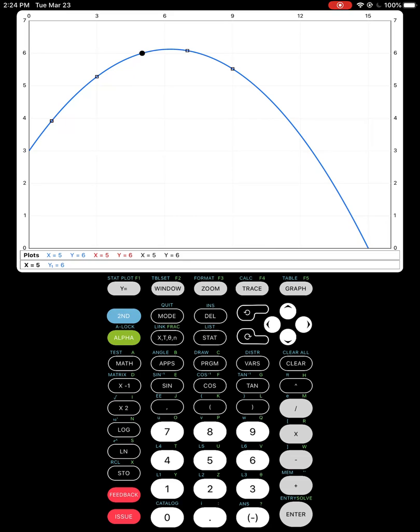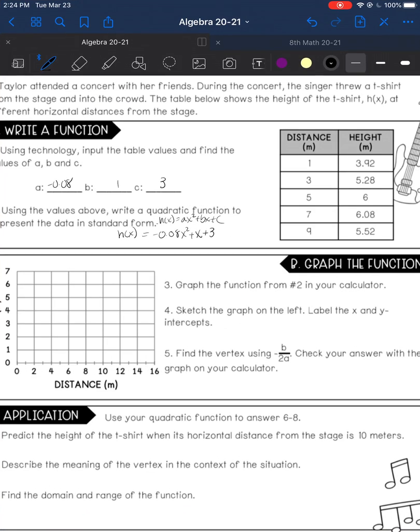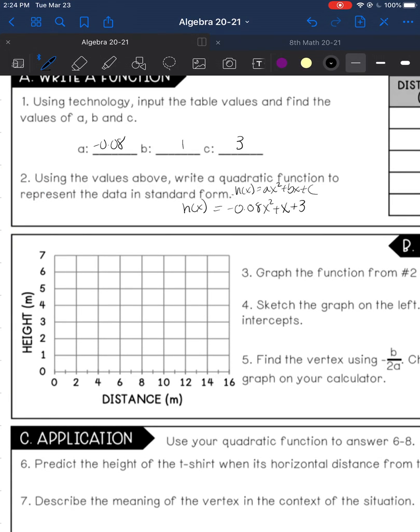So there's a couple points I see, but it looks like 3, 0 and 15, 0 are pretty much the best points we have. So I'm going to do my best with my artistic ability here.